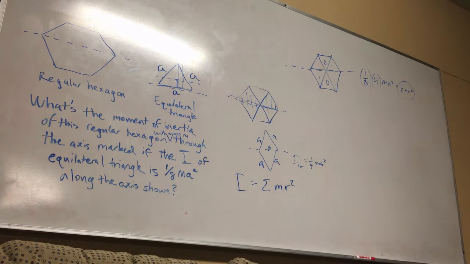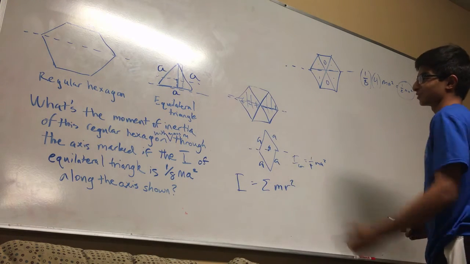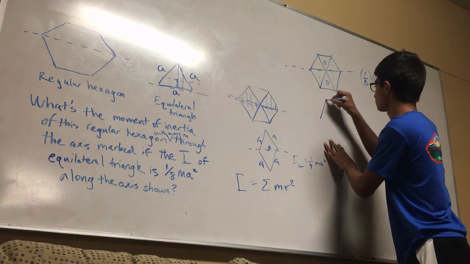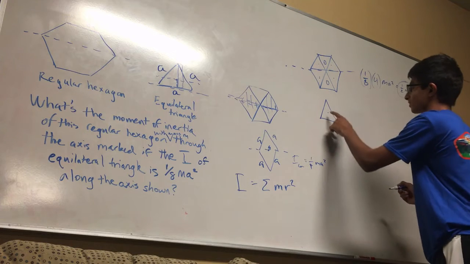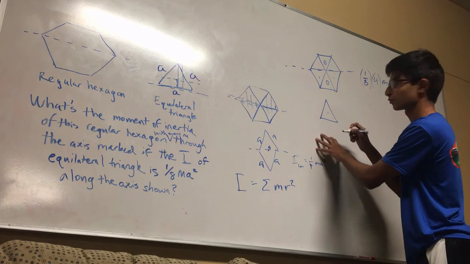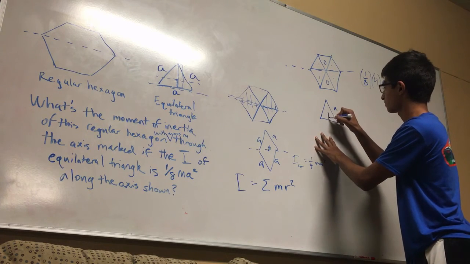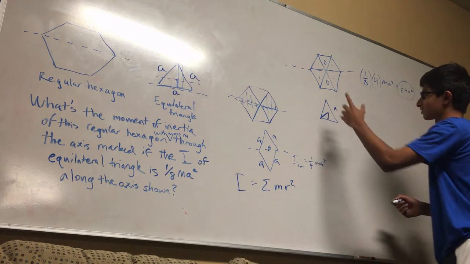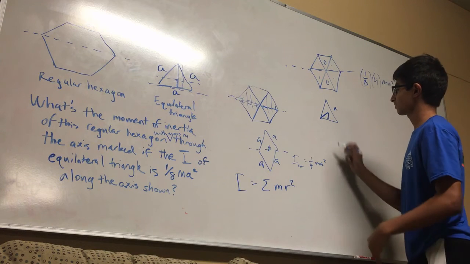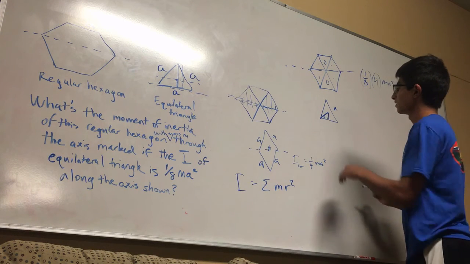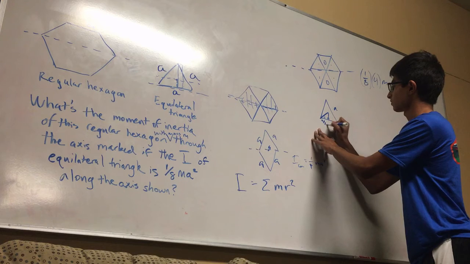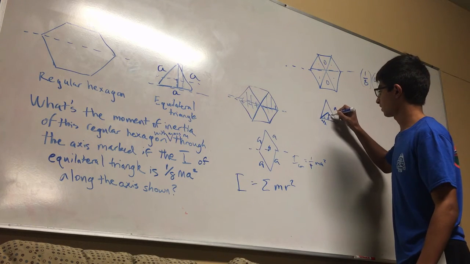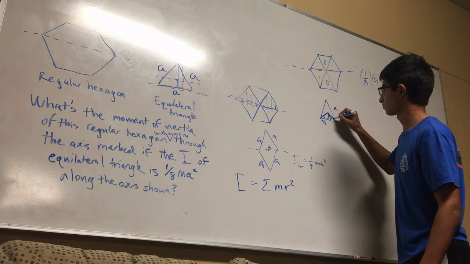Assuming it's a uniformly massive object, the center of mass of the equilateral triangle is that point right there, and the side length is a. If I drop a perpendicular right here, that's the in-center. This angle is bisected, so that's a 30-degree angle, and this is a over 2, and then 30, 60, 90 gives a over the quantity 2 root 3.